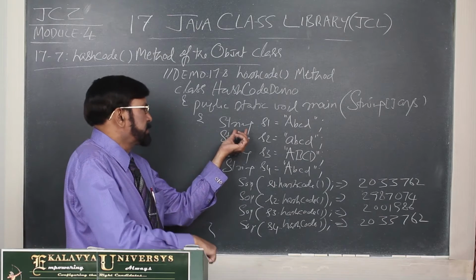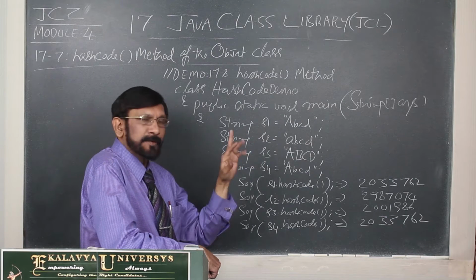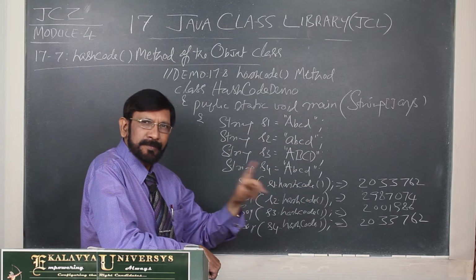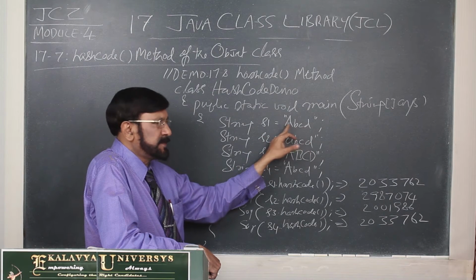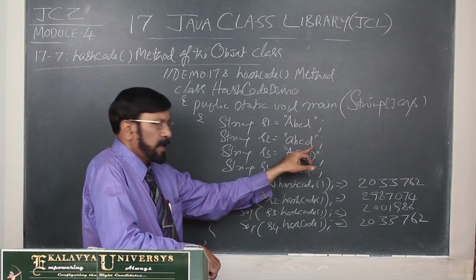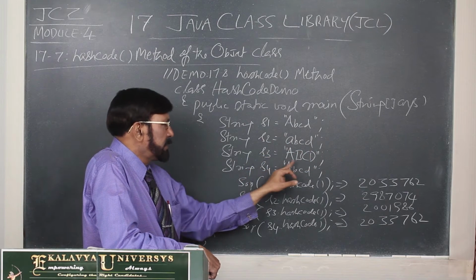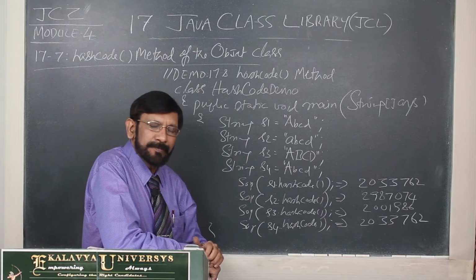Now, different objects. You see string S1, ABCD. All are ABCD only, but the cases are different. S1 is ABCD with A capital, S2 is all lowercase, S3 is all uppercase, S4 is the same as S1.